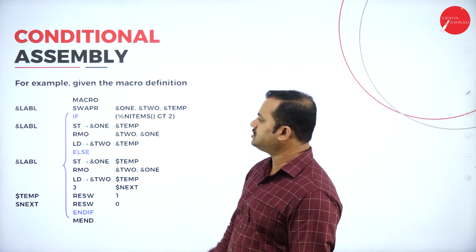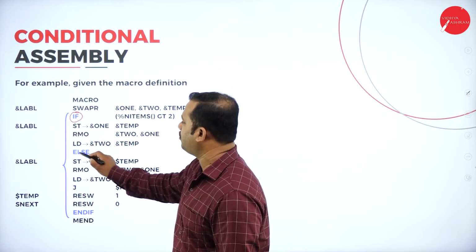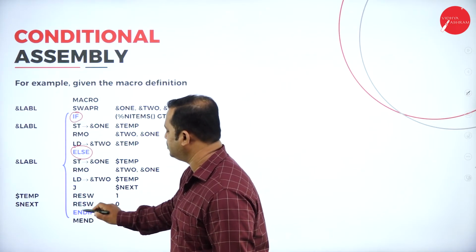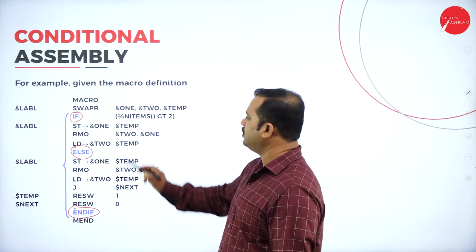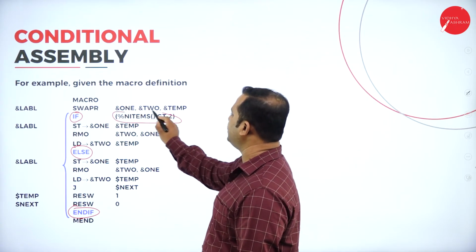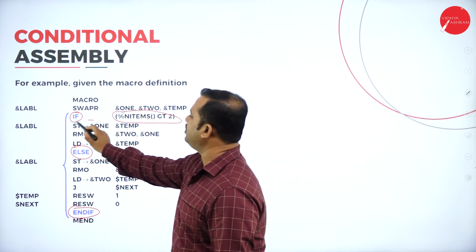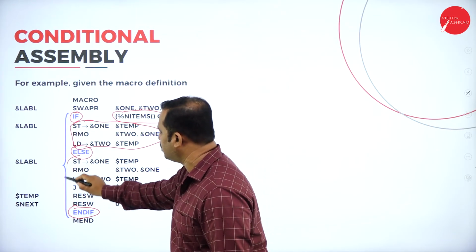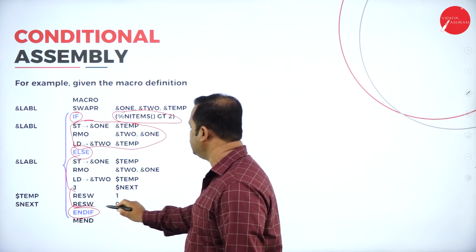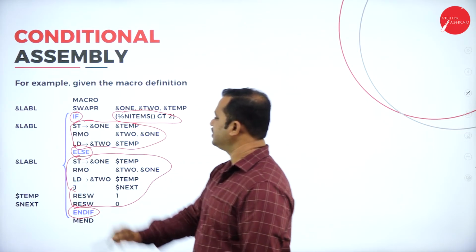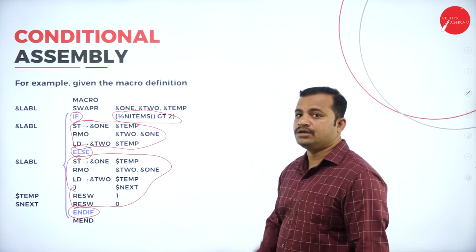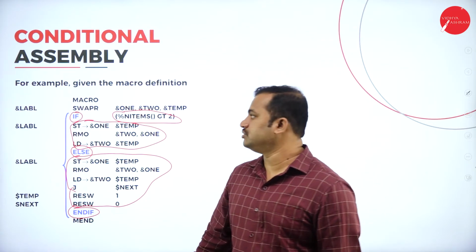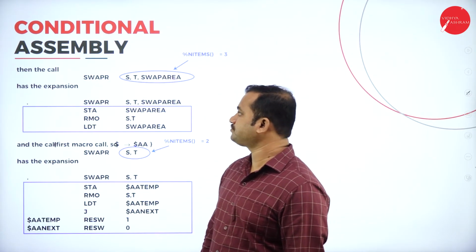So if you look at this, we are using conditional operations like this: if, else, and end if. So if this condition is satisfied, number of items is greater than 2, then we execute this set of statements. Otherwise, we come to the else block and we execute these set of statements. So this is how the conditional execution is going to be carried out.